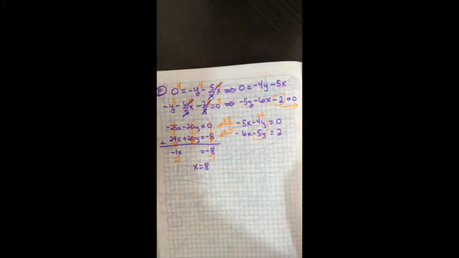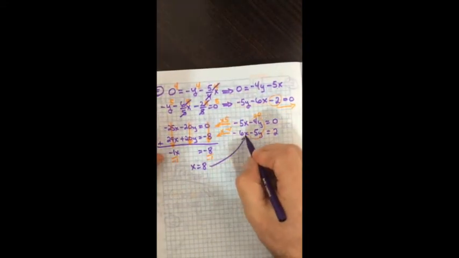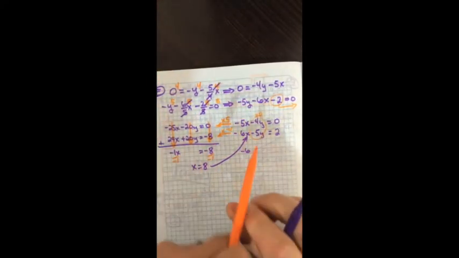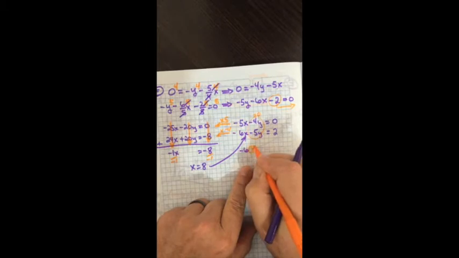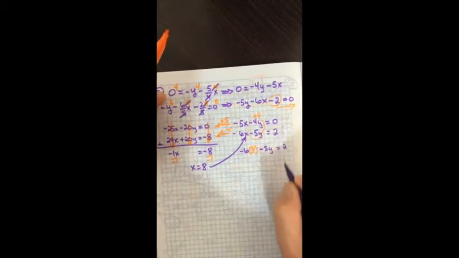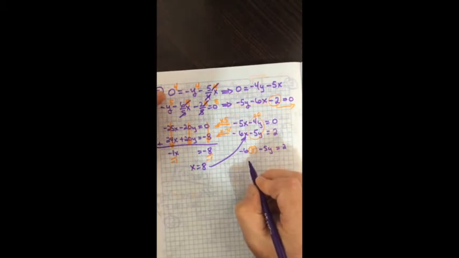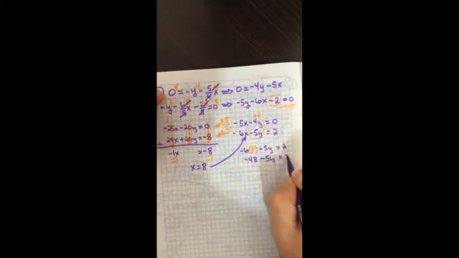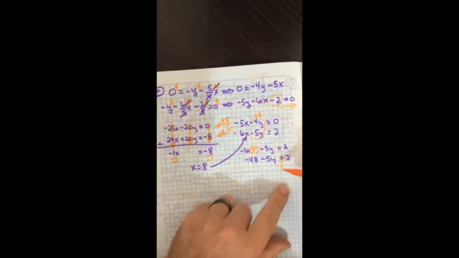Take that and plug it in wherever we want. I'm just going to plug it right there because it's easy on my paper. So that's negative 6 times x, which is now 8, minus 5y equals 2. So that's negative 48 minus 5y equals 2. Do what we do.